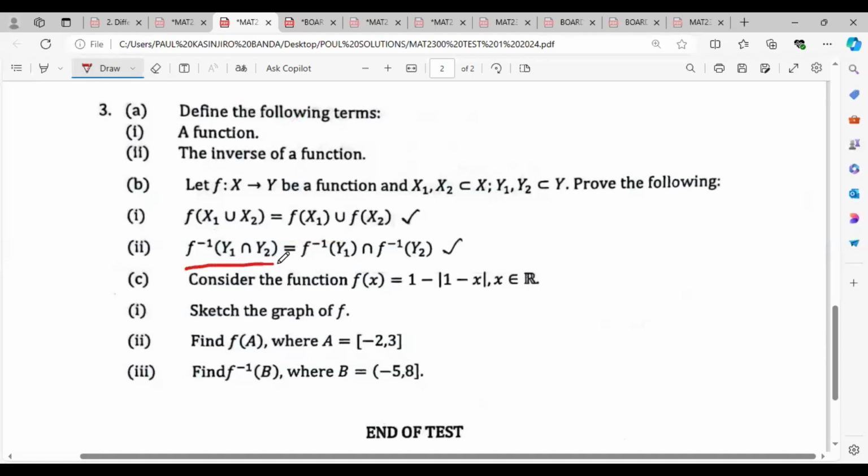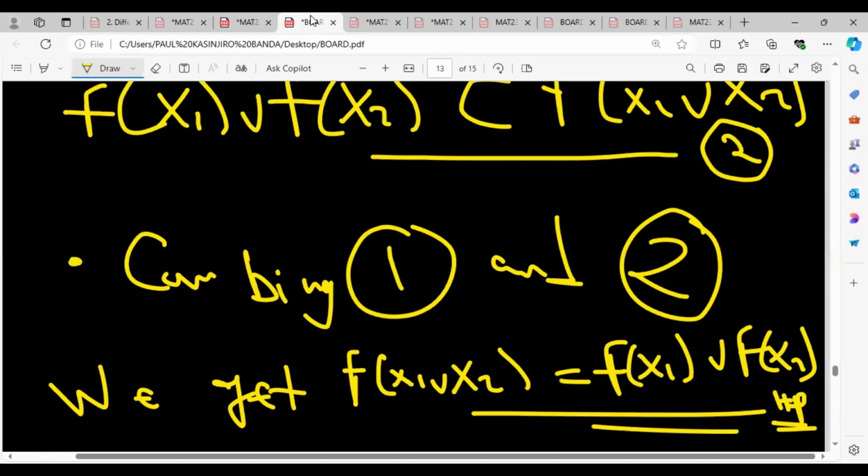Okay, so we have this guy here, and we want to prove it. These f inverses can be associated with the x value, right? So we are proving what? This is 2.